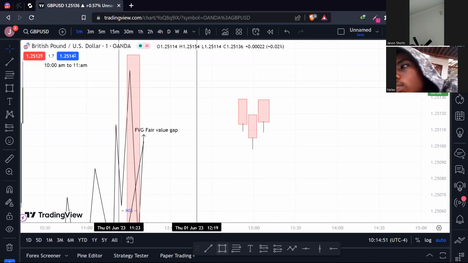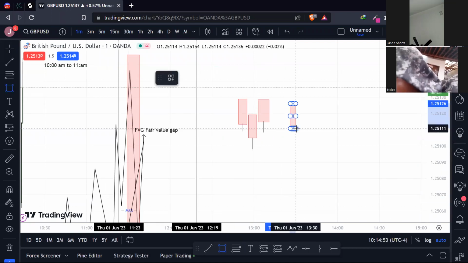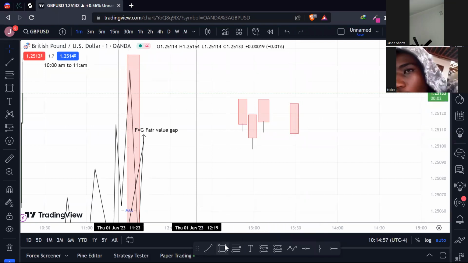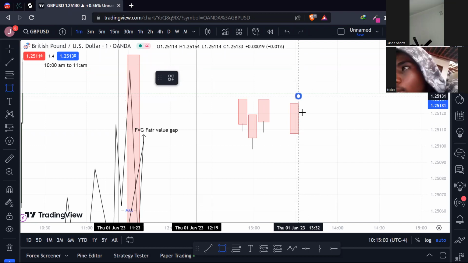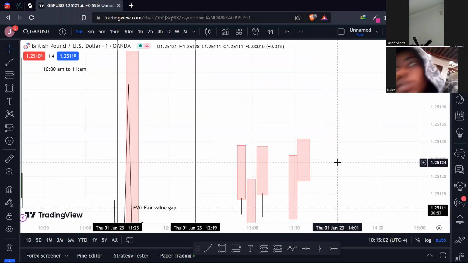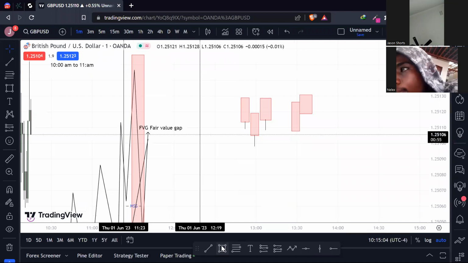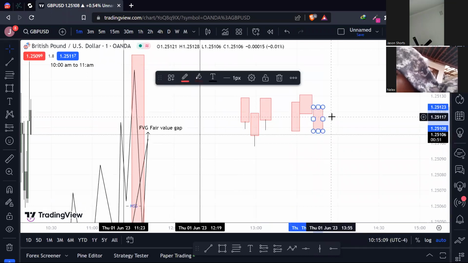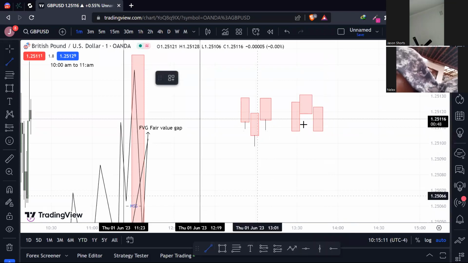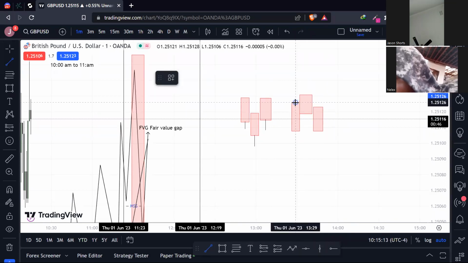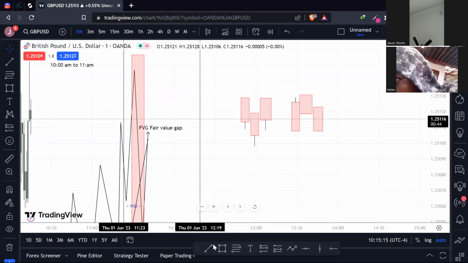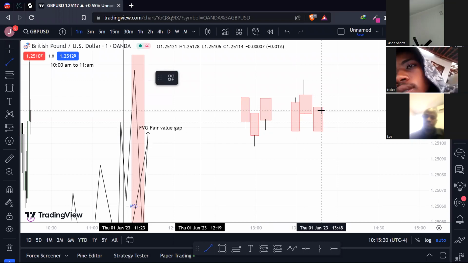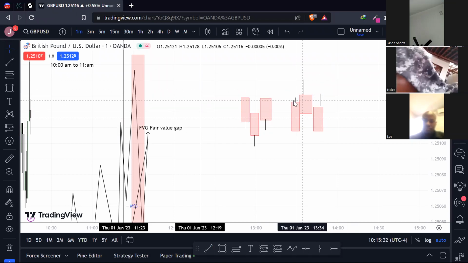If it creates the opposite, like this, this is called the swing high.